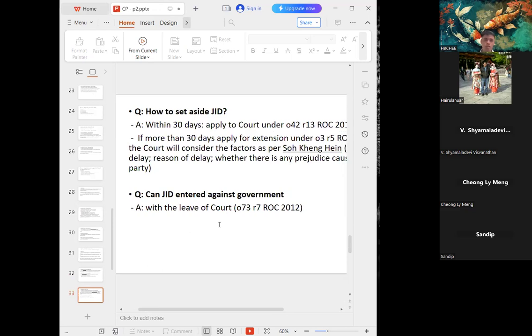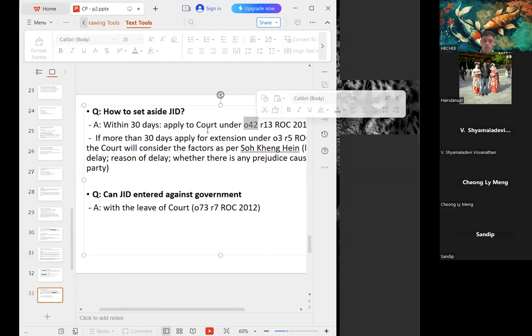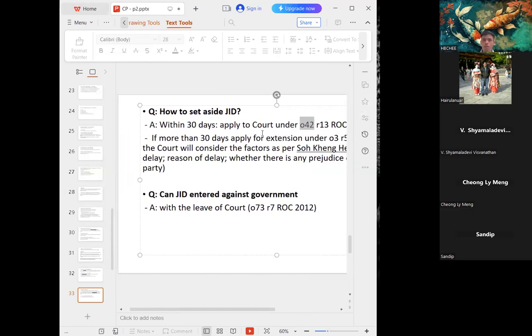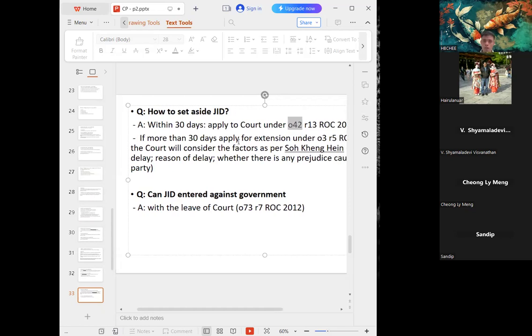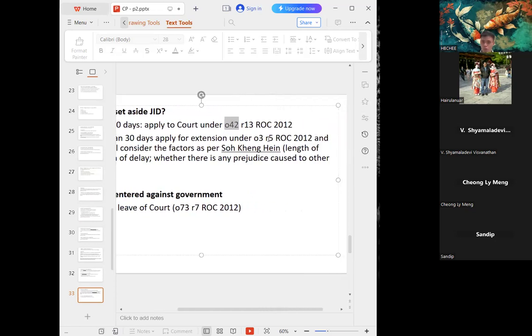So the next question is how to set aside JID. You see here is Order 42, Rule 13. Within 13 days, you have to apply to the court to set aside. Never mind if you cannot do it even in the 30 days, you can apply for extension of time under Order 3, Rule 5 of the Rules of Court.